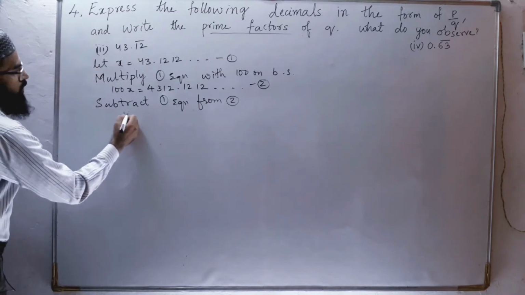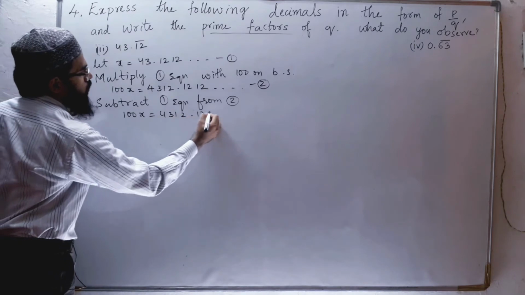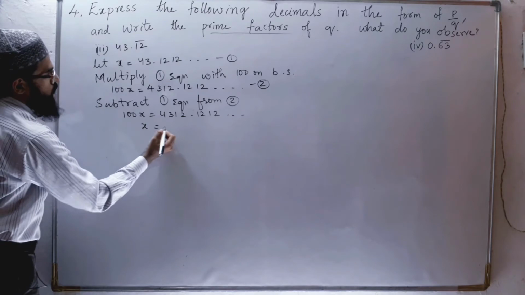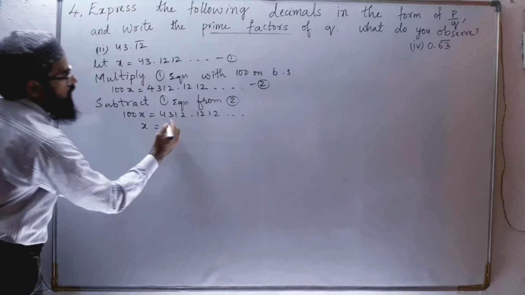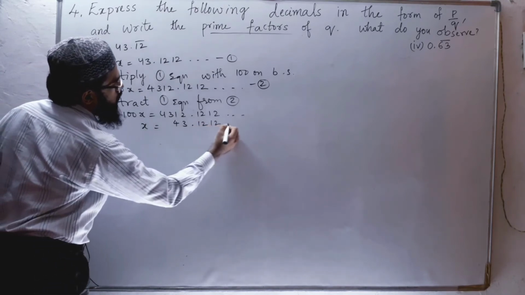So what is the second equation? 100x equals 4312.1212 and so on, and x equals 43.1212 and so on, with the decimal placed under the decimal.